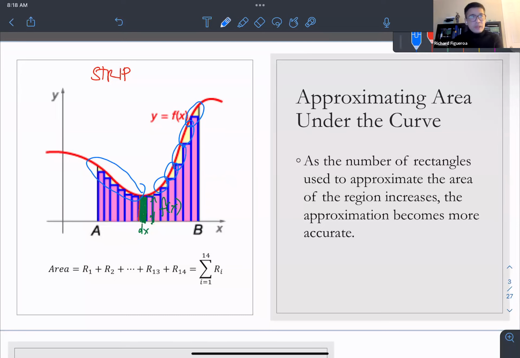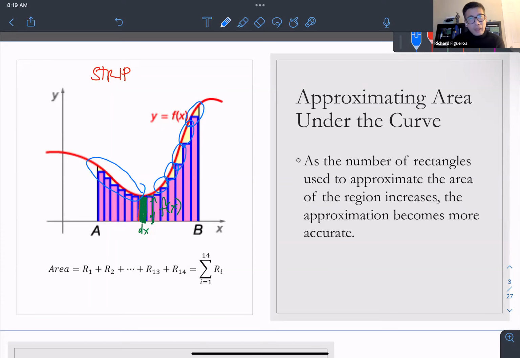That results because the strip we're using has a wider width.